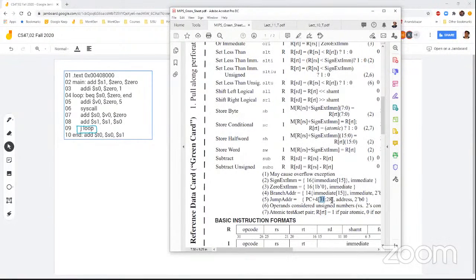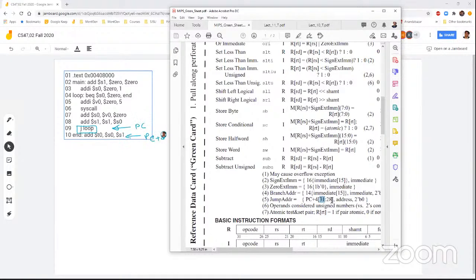So that means we need to start with the target address and my current PC. My current PC is this one, and this is my PC plus 4.